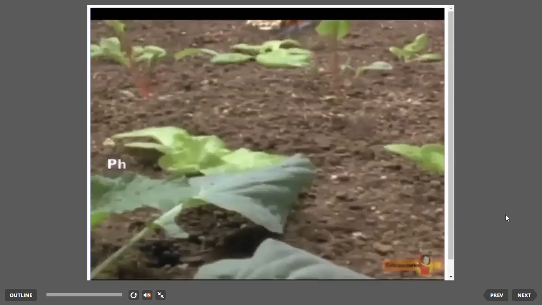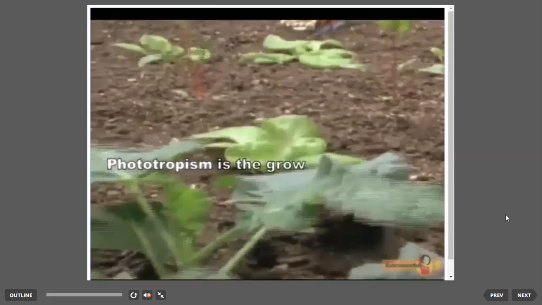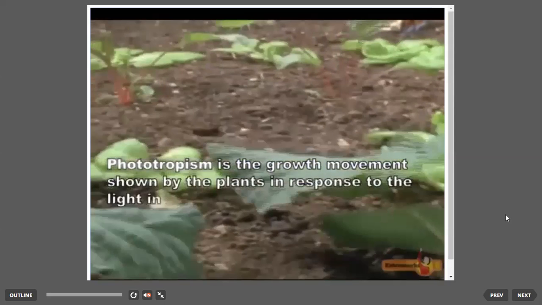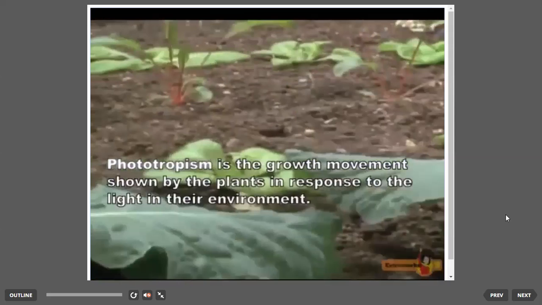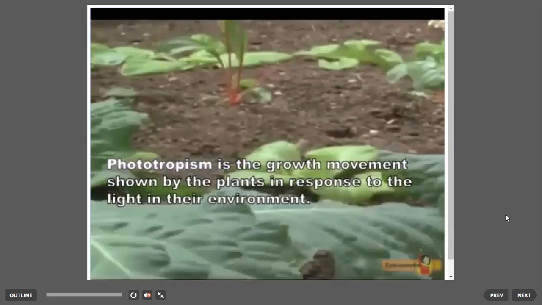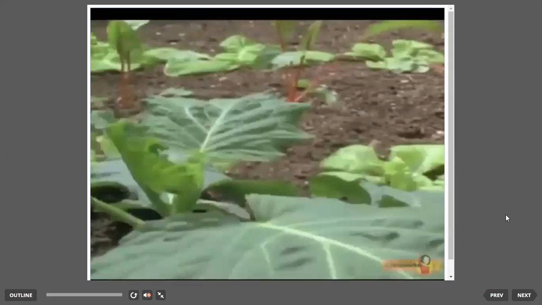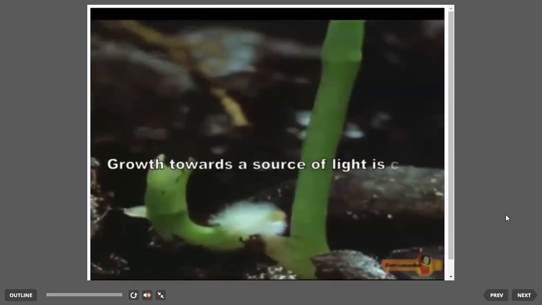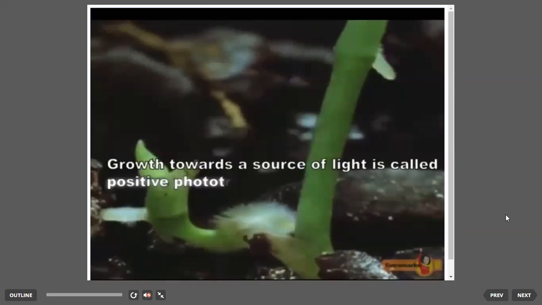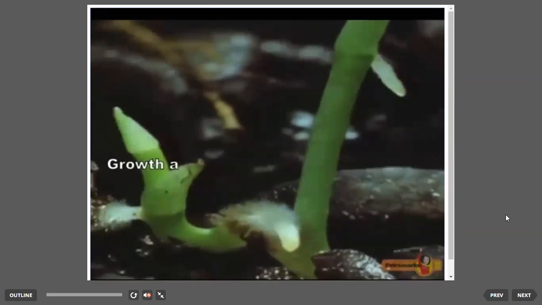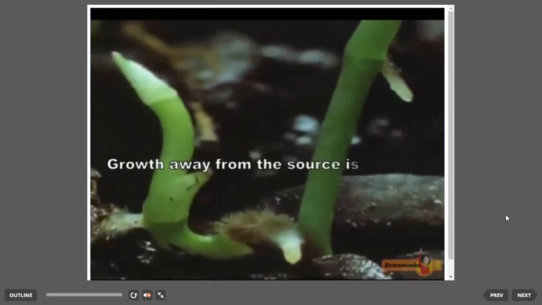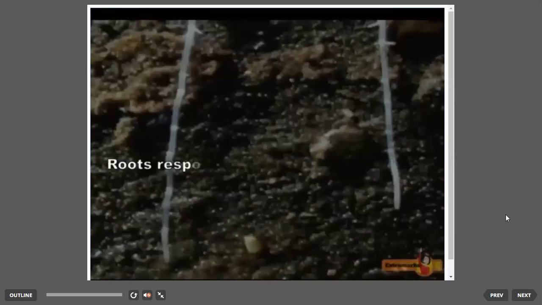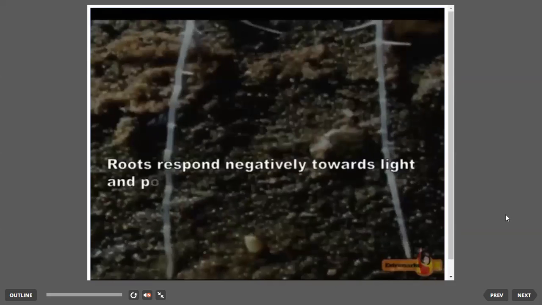Growth movements shown by the plants in response to the light in their environment are called phototropism. Growth towards the source of light is called positive phototropism, whereas growth away from the source is termed negative phototropism. Roots grow downward and away from light.